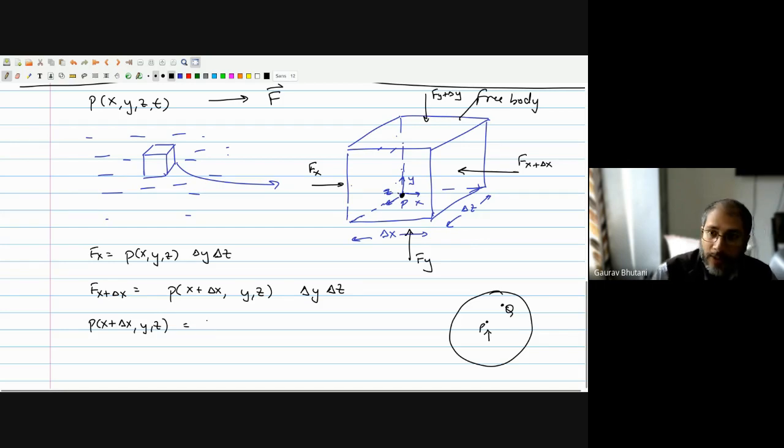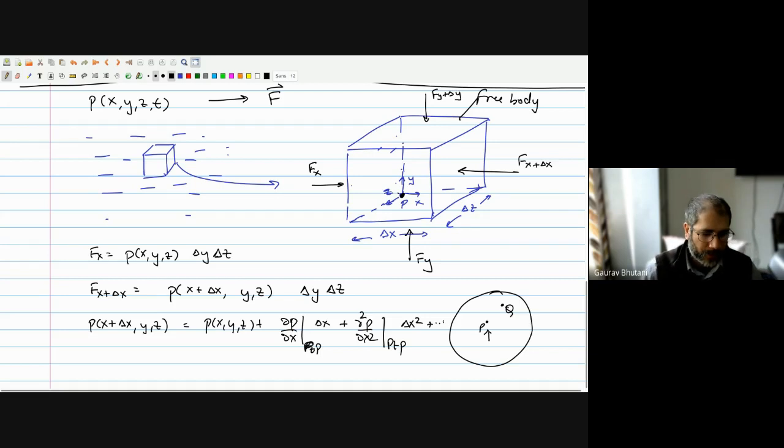What this Taylor series gives us is P(x,y,z) plus del P by del x at point P times delta x plus del 2P by del x2 at point P times delta x squared plus dot dot dot.